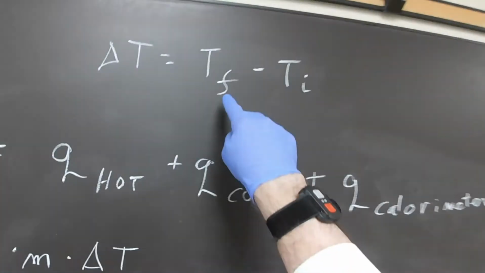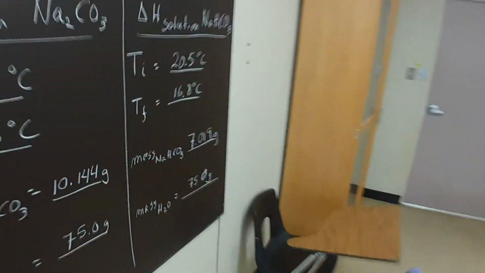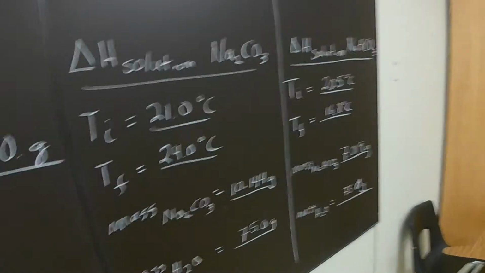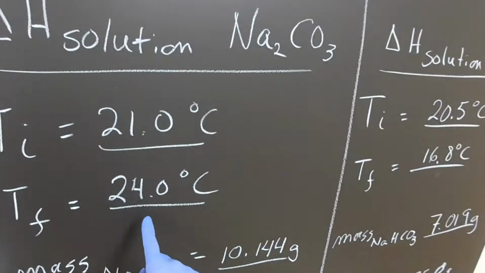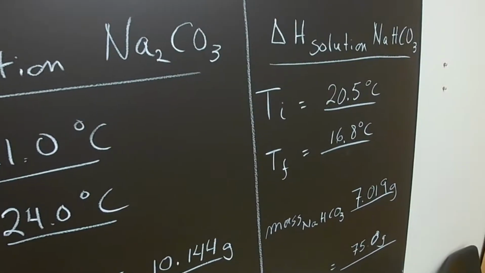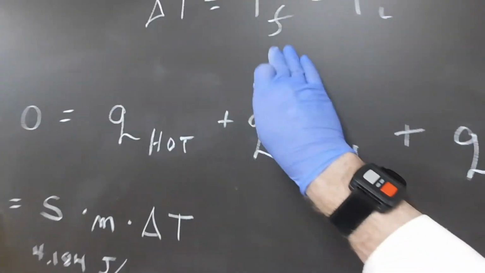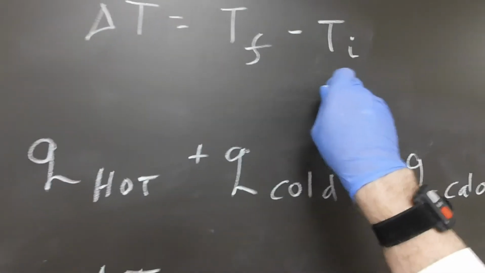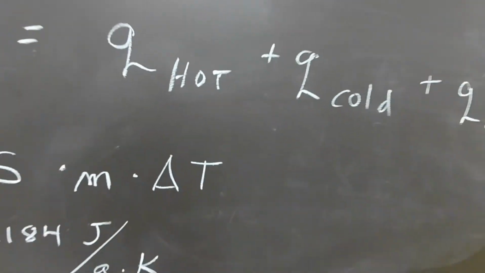So if the final temperature is lower than the initial temperature, like it was for this one, is that right? Let's see. Yeah, the final temperature is lower for that one. Then subtracting a larger temperature will give you a negative value.